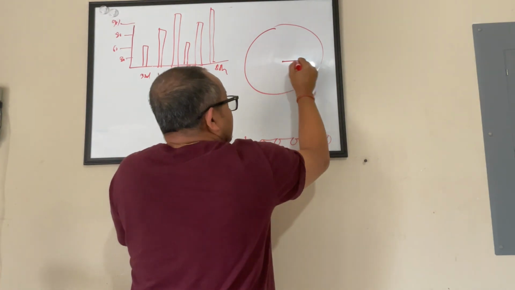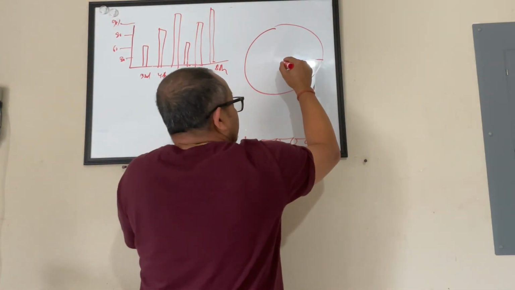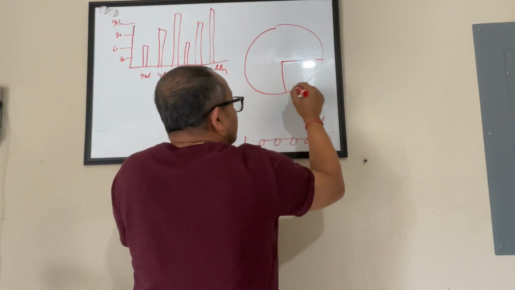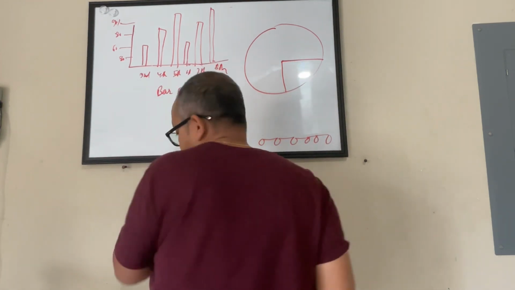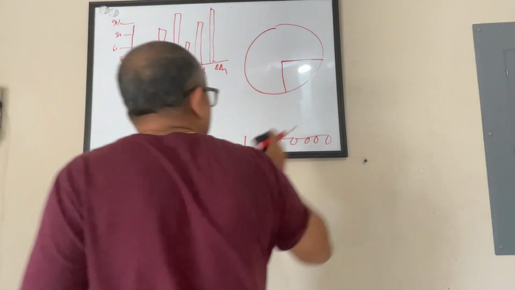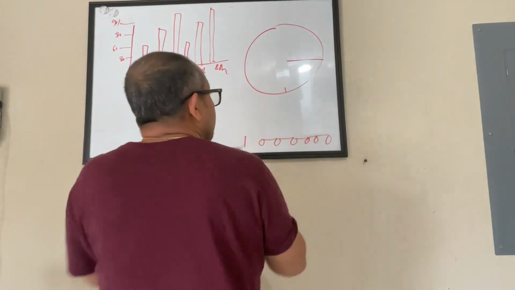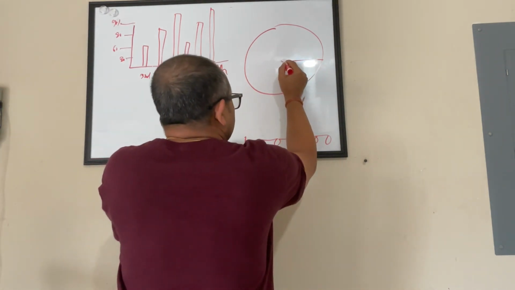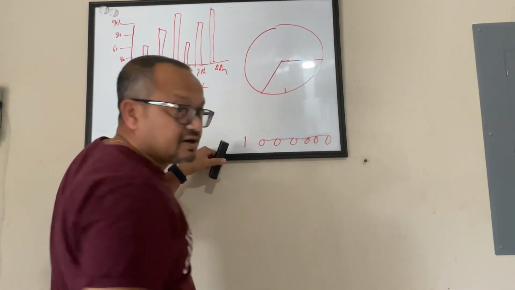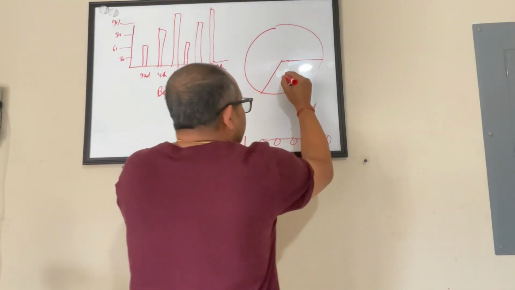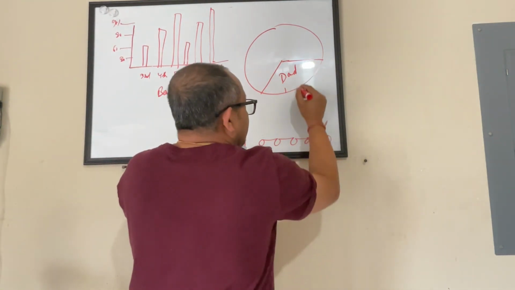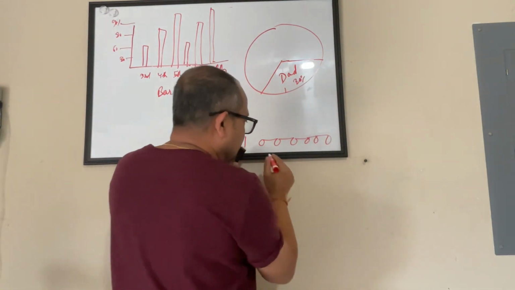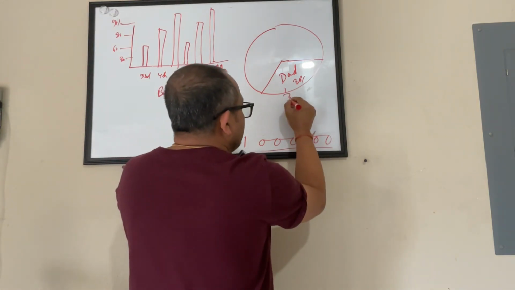I will say 30% to one kid. This is less than 30%. So 30% will be more than 90 degrees. So let's say 30% to one kid. Let's say my dad was the favorite. He got 30%. 30% of 1 million will be what? 300,000.